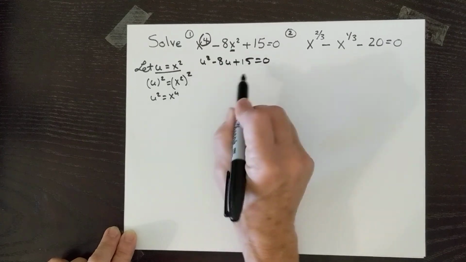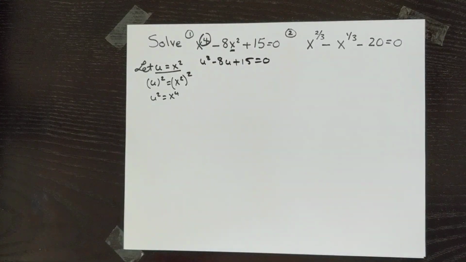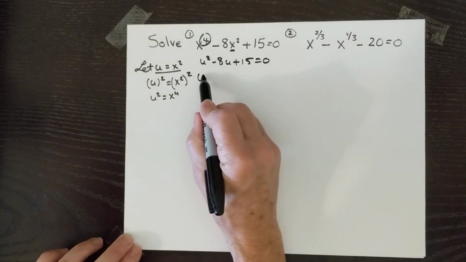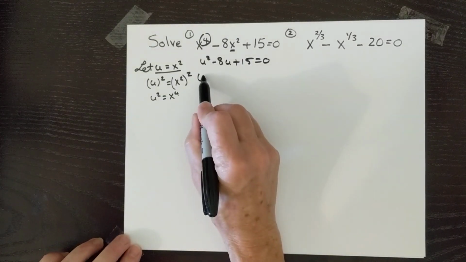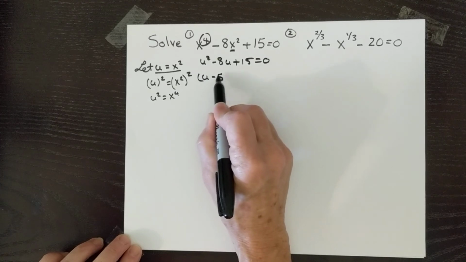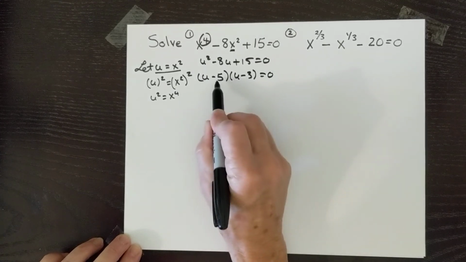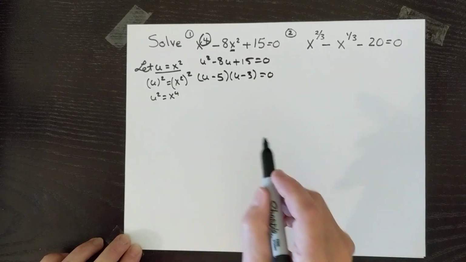Then you would see that this looks like a quadratic equation, and you could solve this using one of the methods for quadratic equations. I'm just going to factor this real quick. I have other videos that talk about how to factor, but U squared minus 8U plus 15 will factor into U minus 5 times U minus 3.